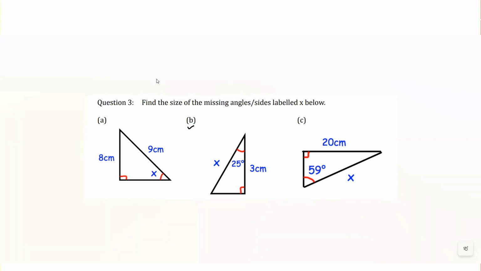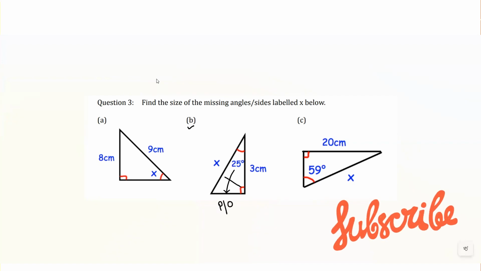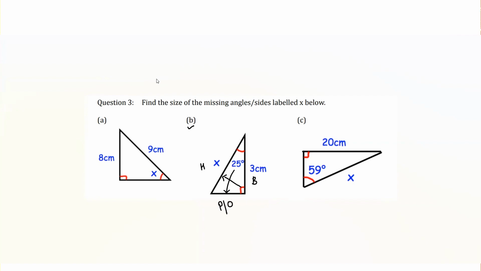For that, this is your theta, which is given. In front of this theta, or opposite of this theta, is your perpendicular, or we can say opposite. Then in front of this 90-degree angle is the hypotenuse, and the side which is left is either base or adjacent.